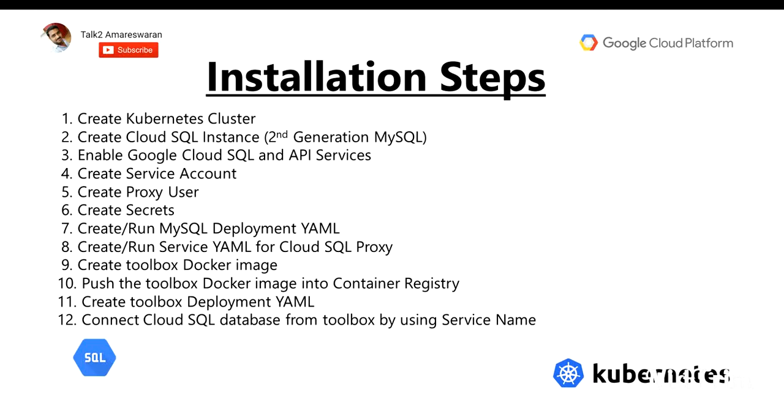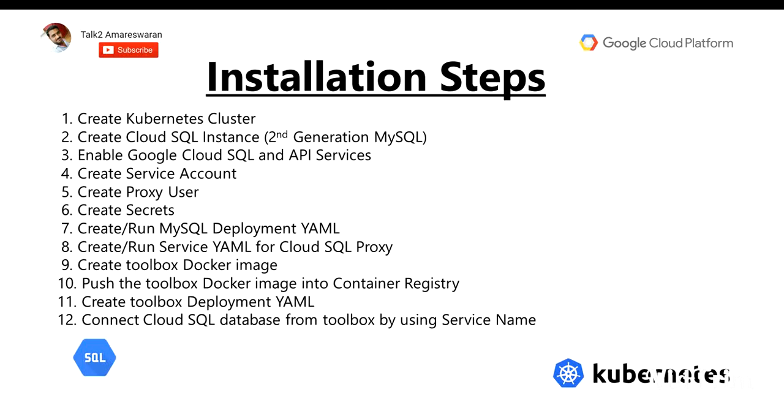First step, create a Kubernetes cluster and then create a Cloud SQL instance, second generation MySQL, and then enable the Google Cloud SQL API services, and then the service account, proxy user, create secrets, and create and run the MySQL deployment YAML file, and then create and run the service YAML for Cloud SQL Proxy, and then create a toolbox Docker image.